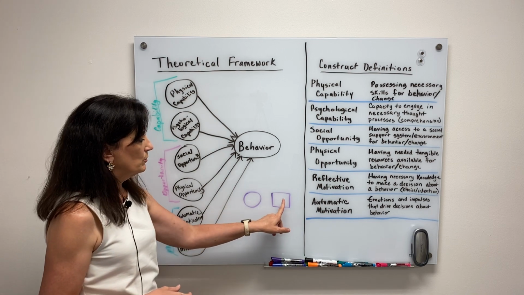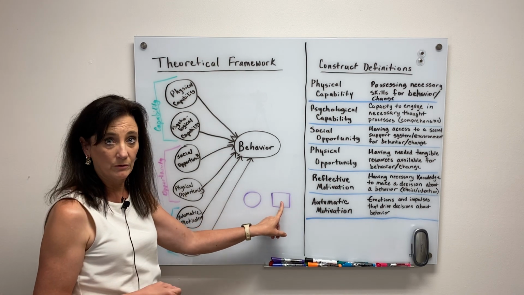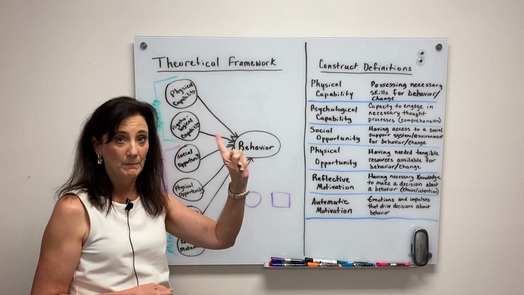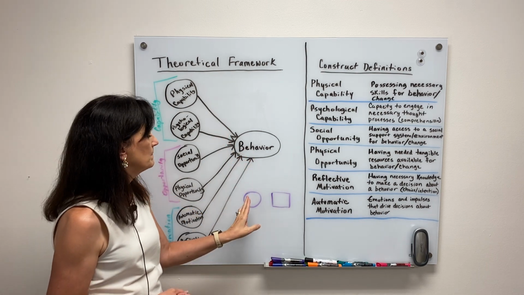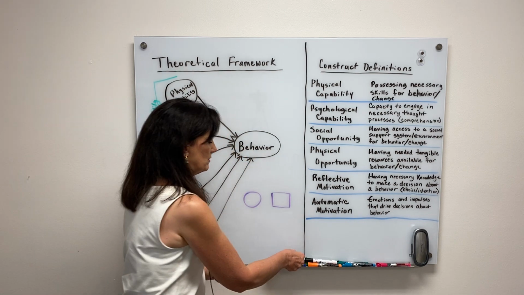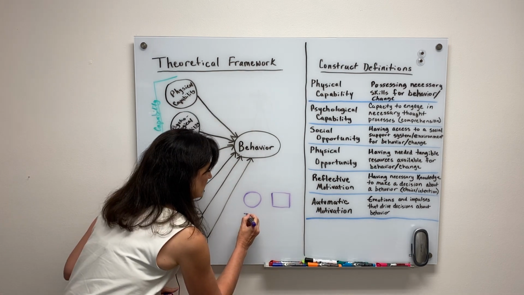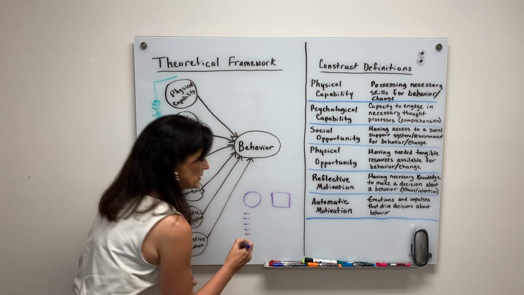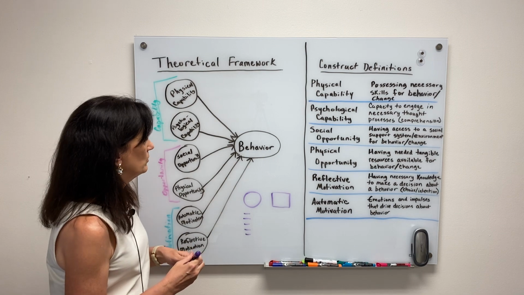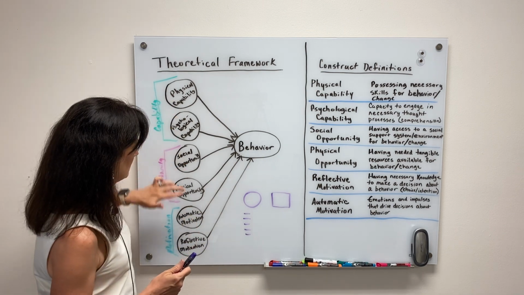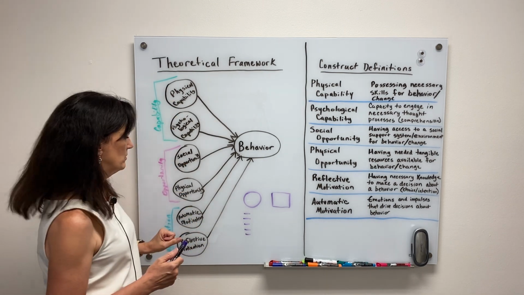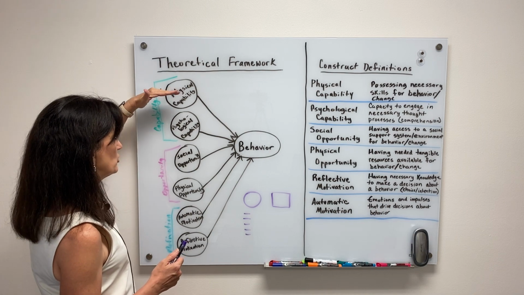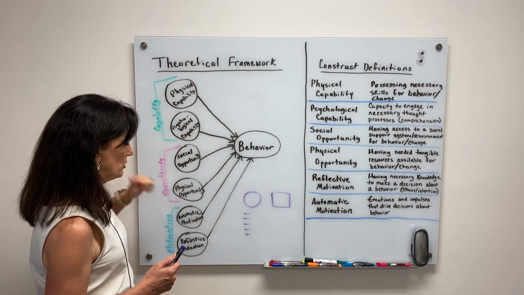And so where an observable variable may be made up of a single question, a construct is made up of multiple questions. And so if you've got 6 constructs, you're going to have questions for each of these constructs.